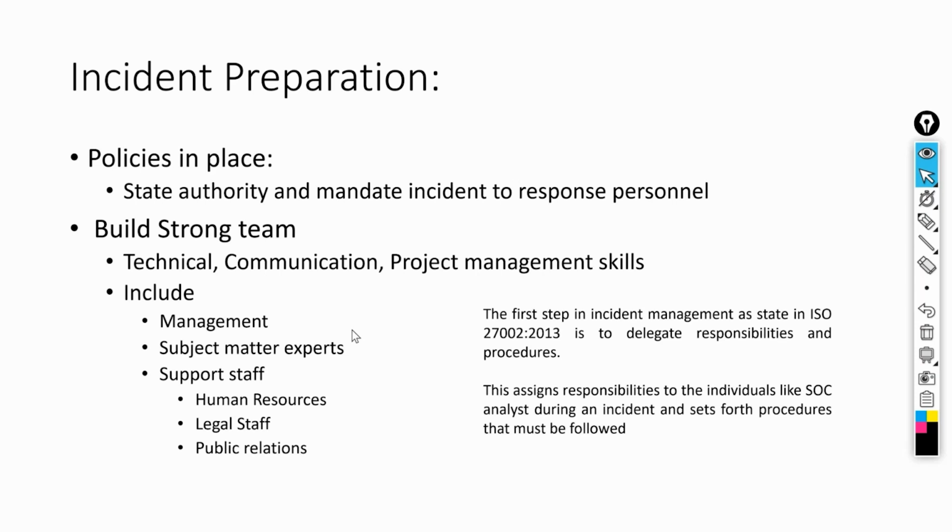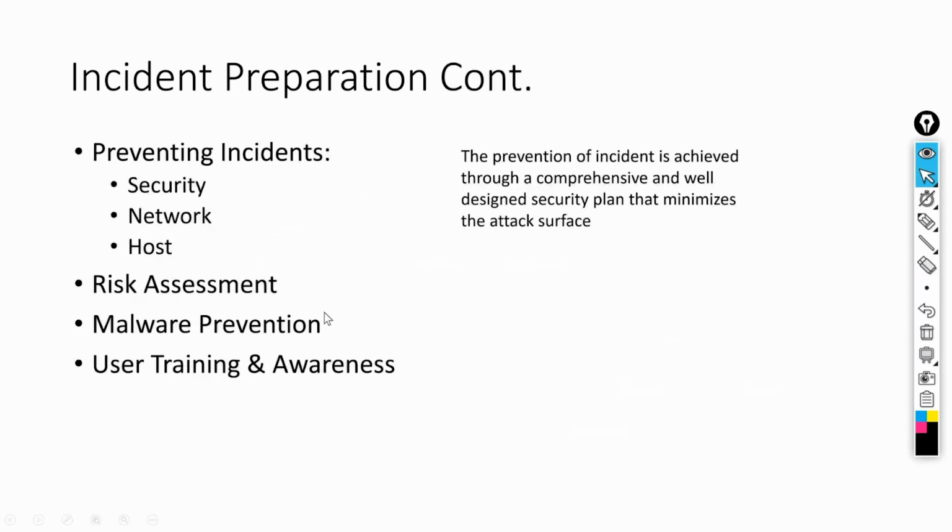So I am trying to map the incident preparation phases with live examples so that it will be better for you to understand. Now, when we are talking about incident preparation, many people think incident response only comes once an incident has happened, but there is also something called preventing incidents.